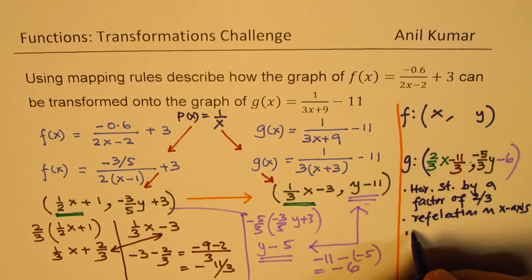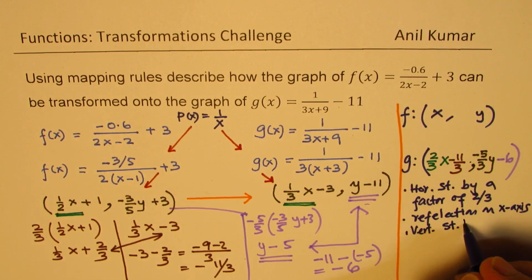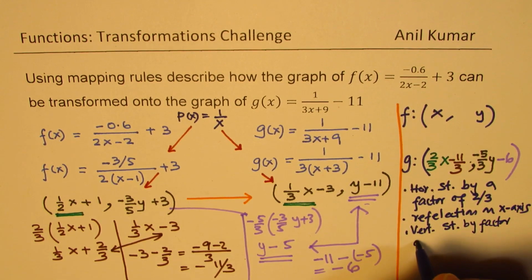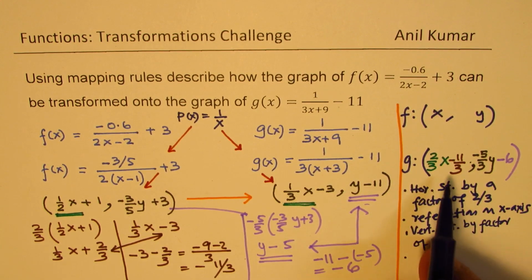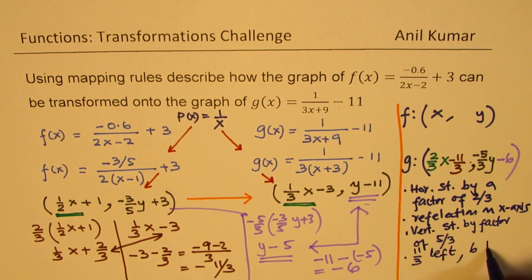Then vertically stretched, I'm writing in short form, by a factor of 5 over 3, and then we'll write translations. It is minus, so we can write 11 over 3 left and 6 down.